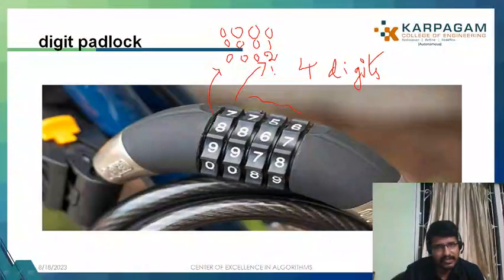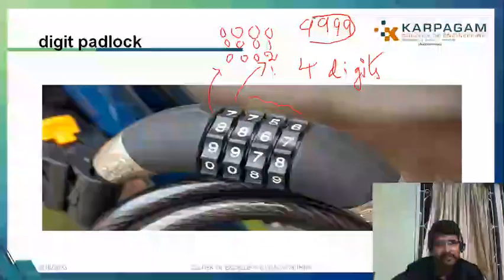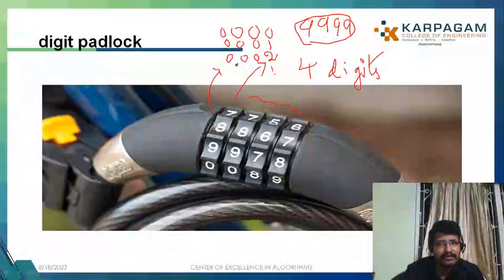Now, in such a case, if my password happens to be 9999, how many comparisons do we make? We make the maximum number of comparisons to get the result. You call it the worst case scenario.